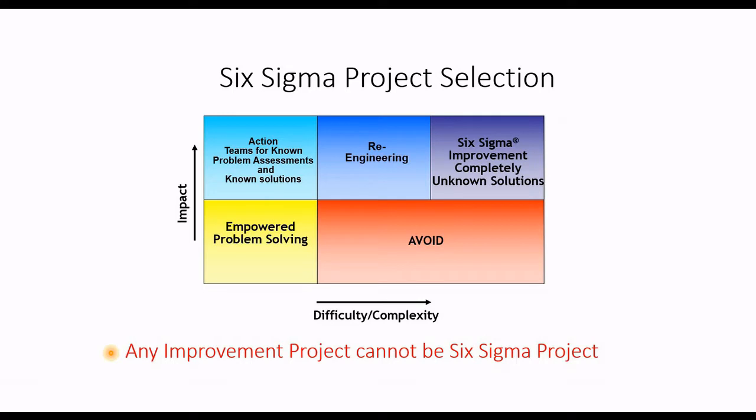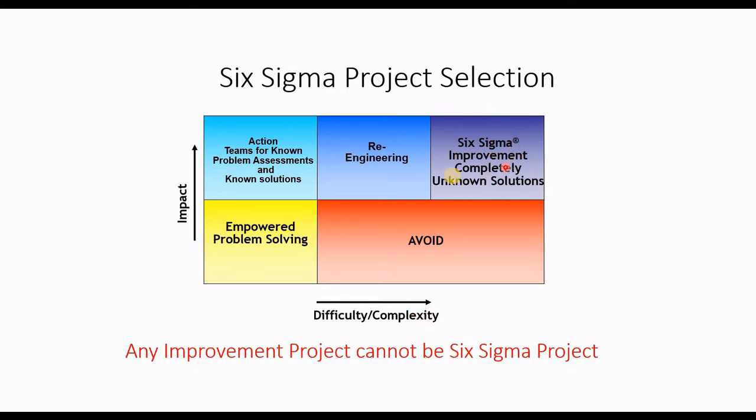So typically, a Six Sigma project addresses difficulties in the organization that have a very complex nature, are difficult to solve, and have unknown solutions. You really don't know what the solution of this problem is despite application of the basic tools that you have used. The problem is still there, and the nature of the problem itself is very complex.